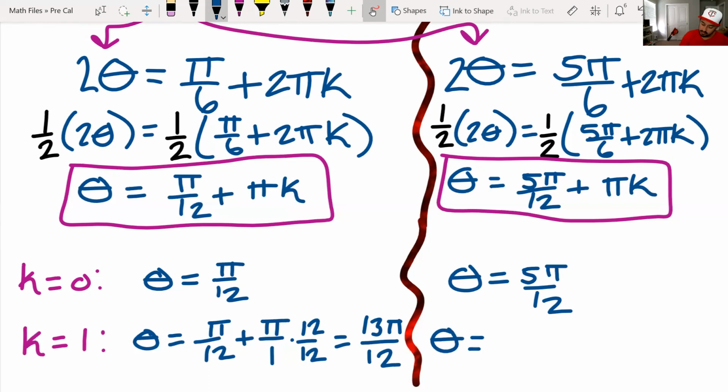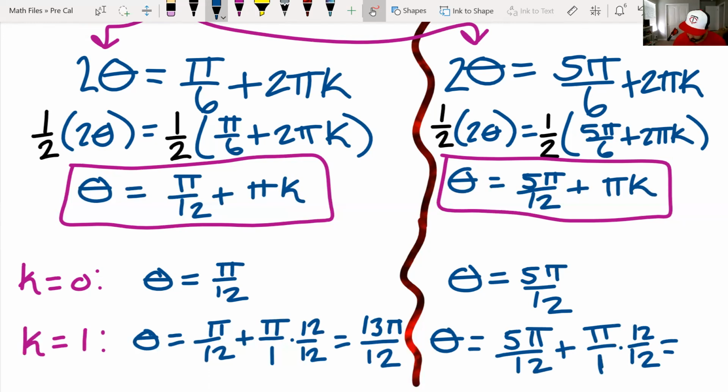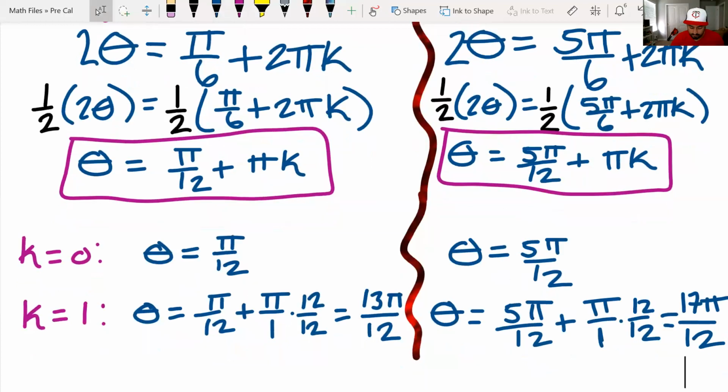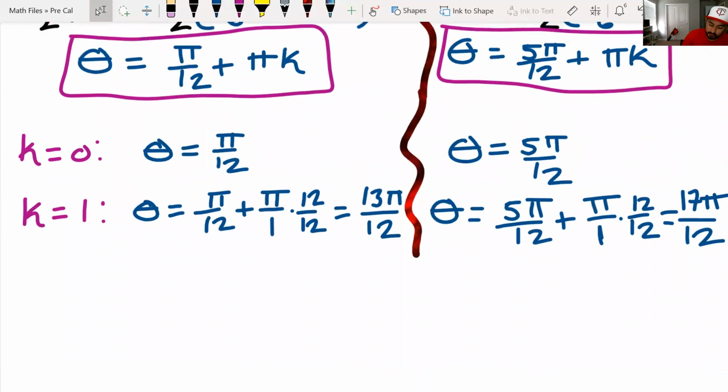Same thing over here, 5 pi over 12 plus pi. Put pi over 1 multiplied by 12, and we'll get 5 pi over 12 plus 12 pi over 12, so 17 pi over 12. All right, still going, because 13 pi over 12 and 17 pi over 12 are still within our unit circle.